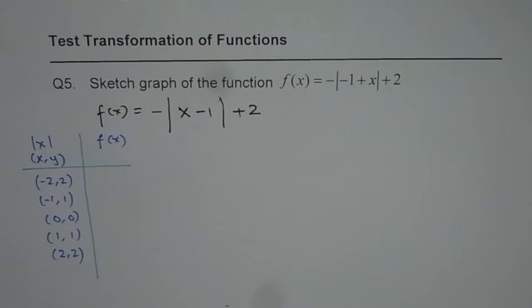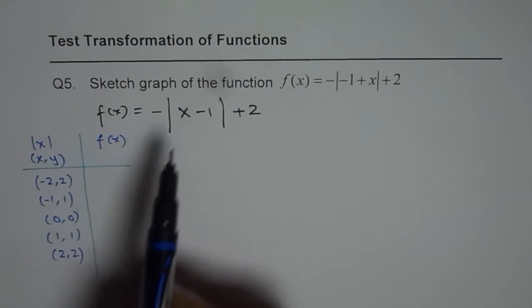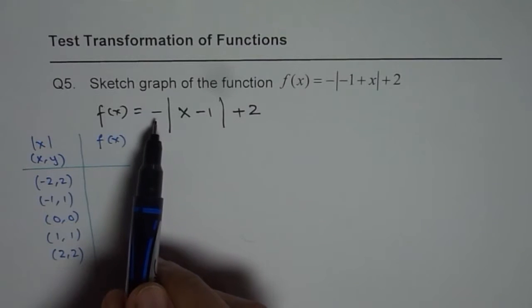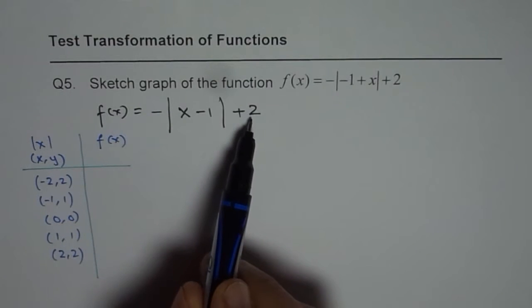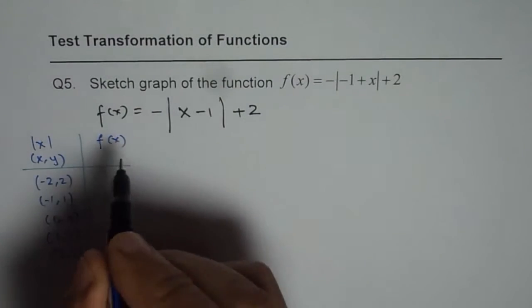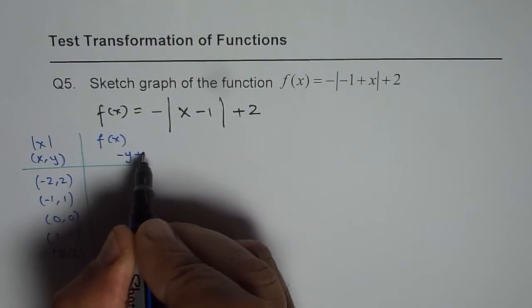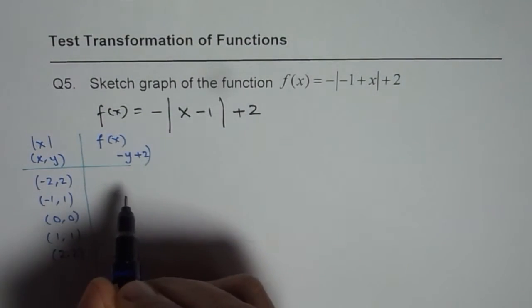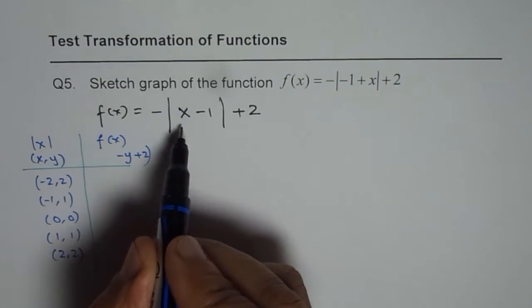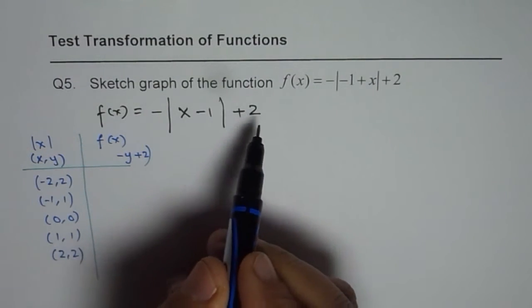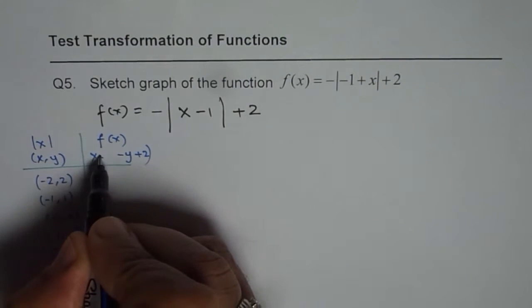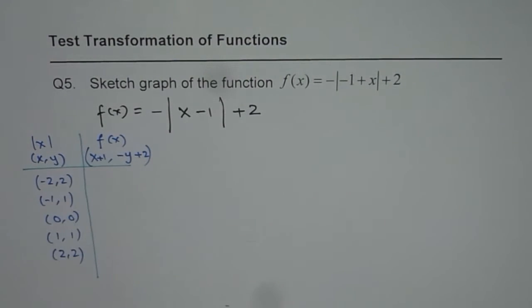Since we have vertically reflected and moved 2 units up, the y values become minus of the y value plus 2. The x points will be translated 1 unit to the right, so they will have x plus 1 as their value.